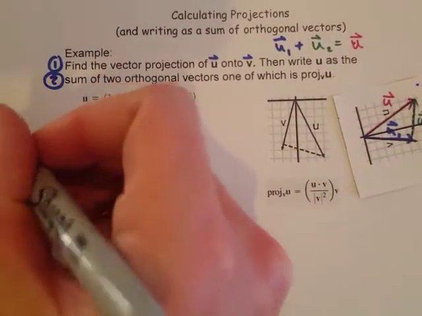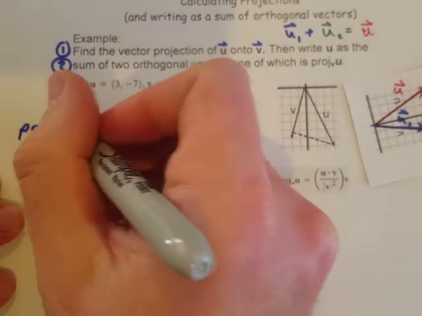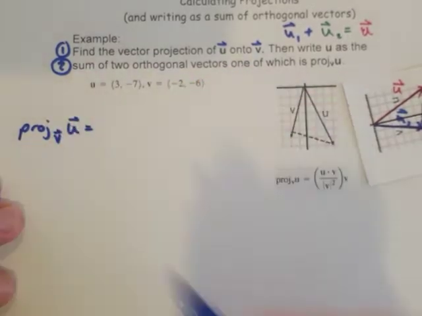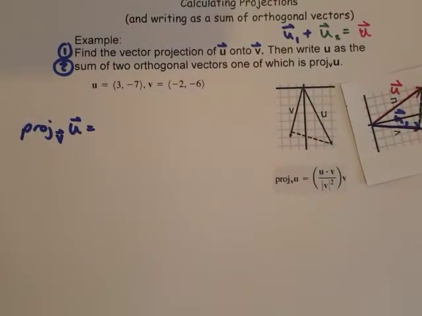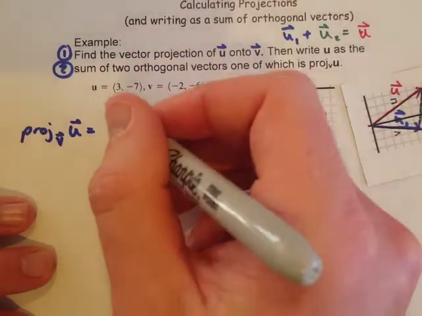So projection of u onto v, and we're going to plug in the things that we have here. So according to the formula, it's u dot v up on top.